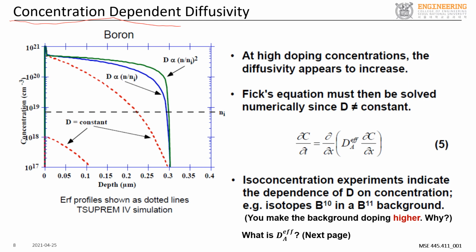If you model D to be constant, if it's not a function of the doping concentration itself, this is what you would get. Depending on whether your initial dose is large or small, you will get this or this. But if you model your D to be a function of the concentration, so as you dope more, diffusivity goes up pretty high.